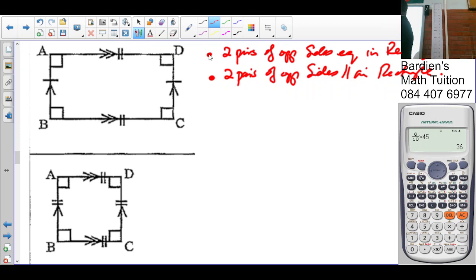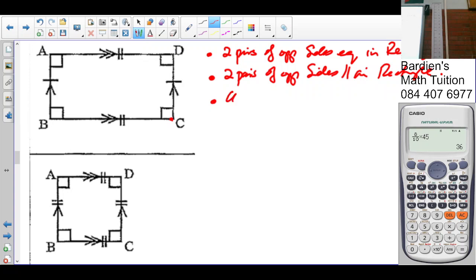Then the third one, all vertex angles. One vertex, many vertices.